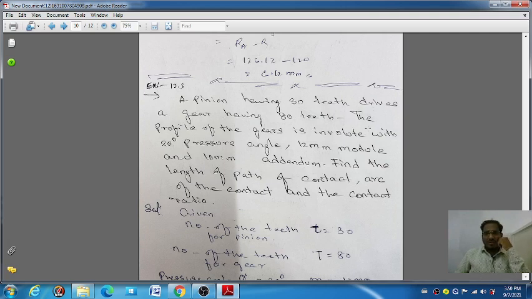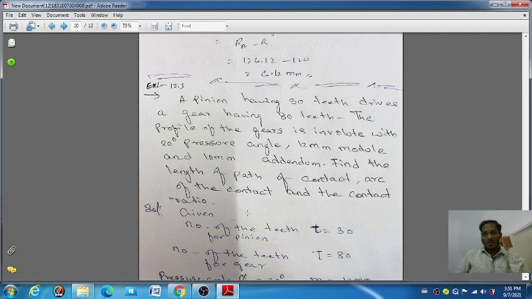The question is saying the gear profile is involute, and also gives the pressure angle and module, and the addendum of the gear and pinion. Find the length of the path of contact, the arc of contact, as well as the contact ratio.